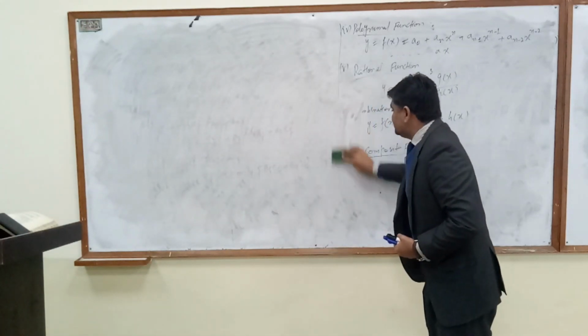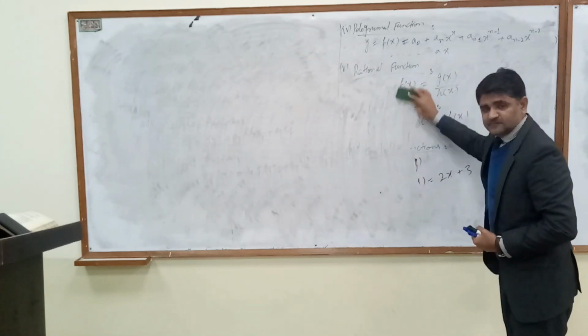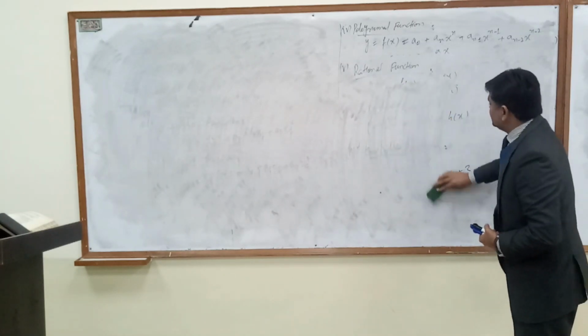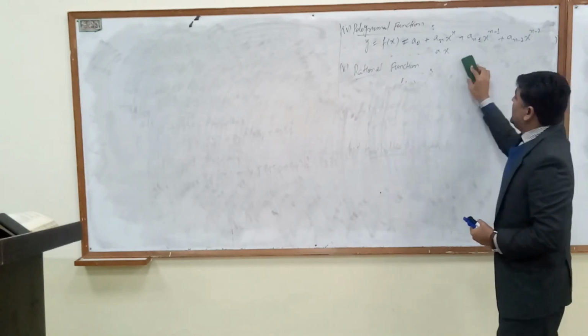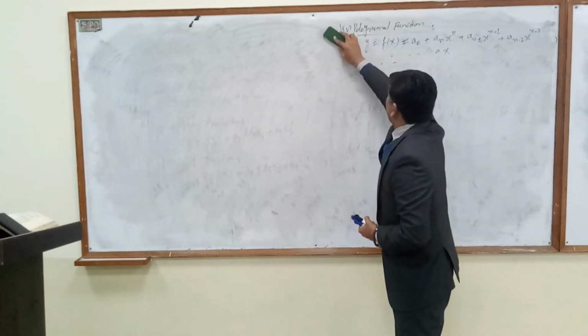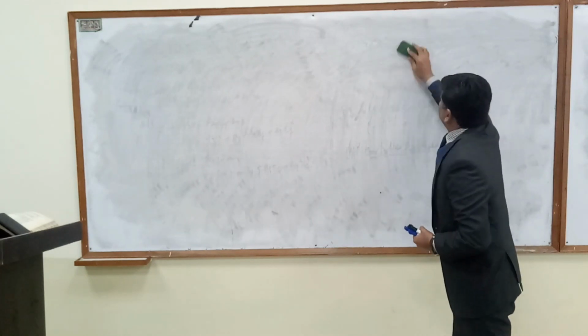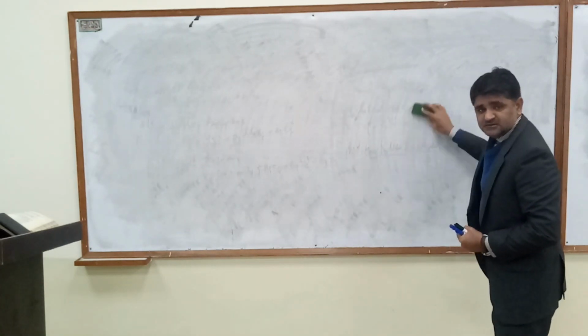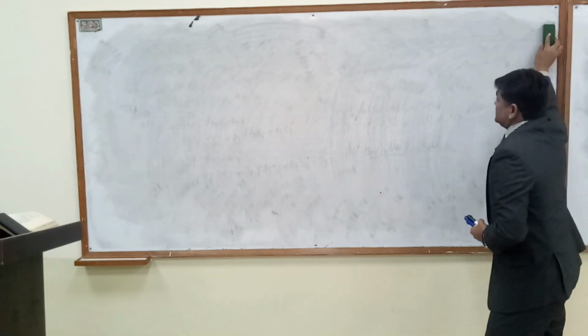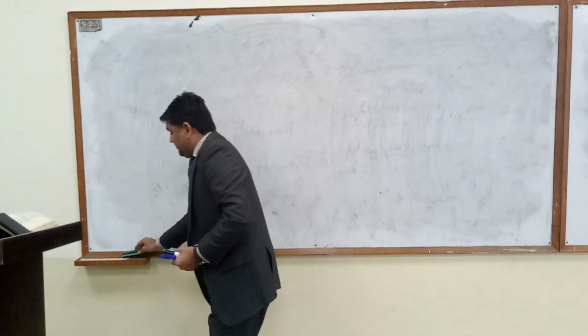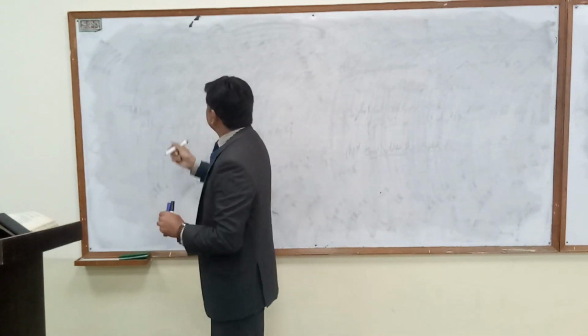Yes. What's the variable? X. X is a variable, and if x is a variable, obviously we are concerned about its power. What's the power of the variable in this case? 1.